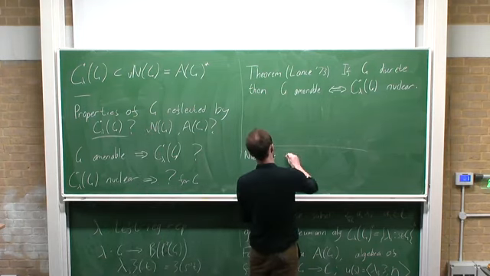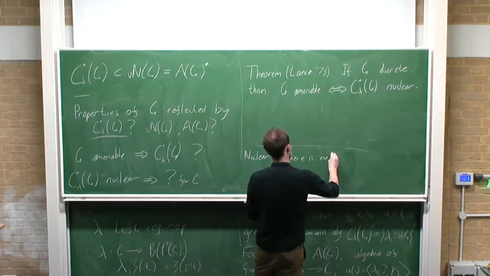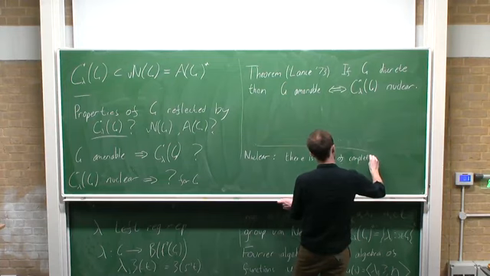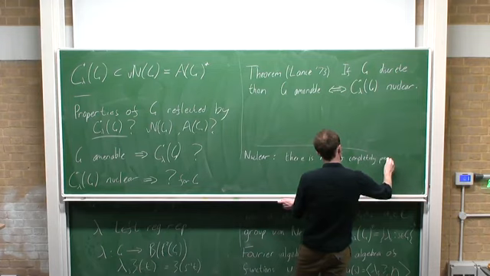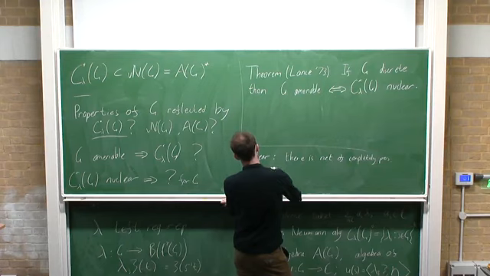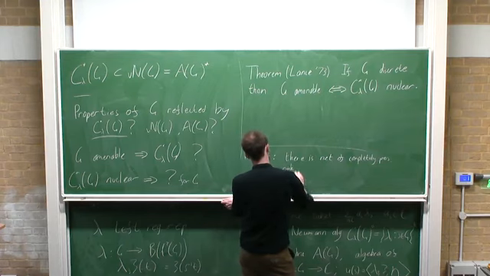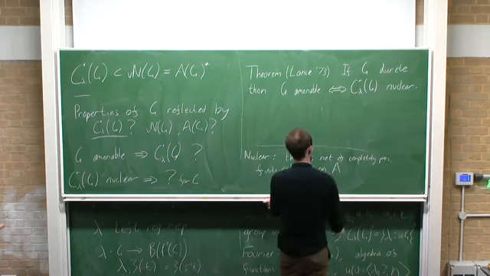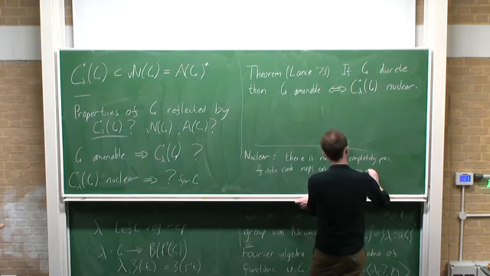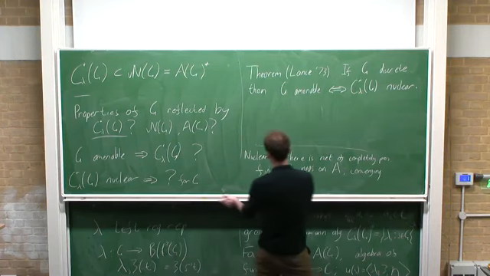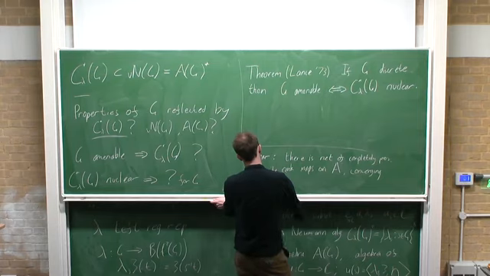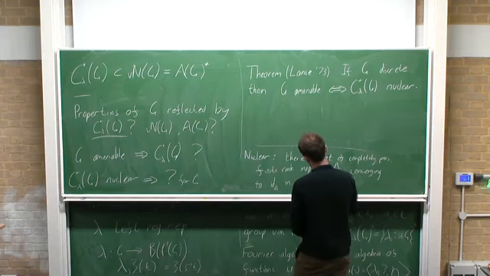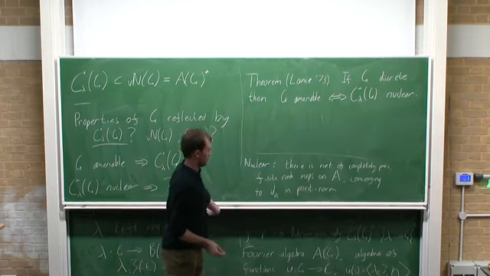So there is a net of completely positive maps on the C-star algebra which converges to the identity in the point-norm topology.